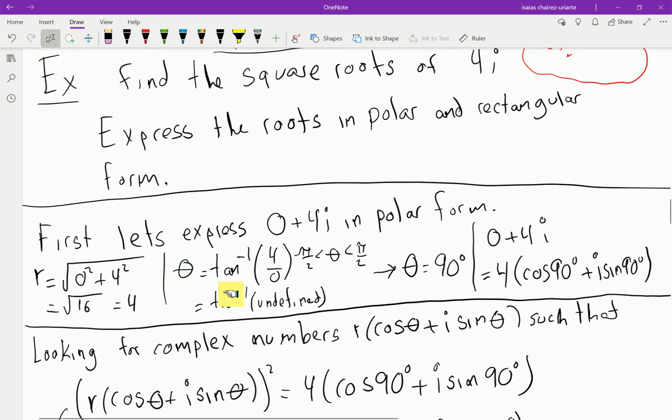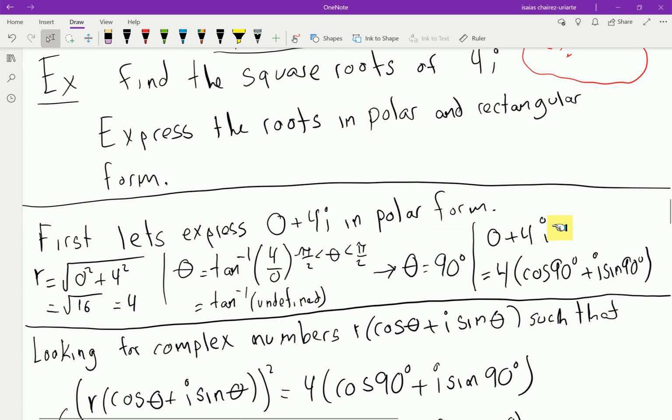Can you think of an odd multiple of 90 degrees that works, and also think about this complex number, 0 plus 4i, in the complex plane? If you imagine plotting this point, it's just going to be on the y-axis, on the positive imaginary axis. So that angle should correspond to 90 degrees.